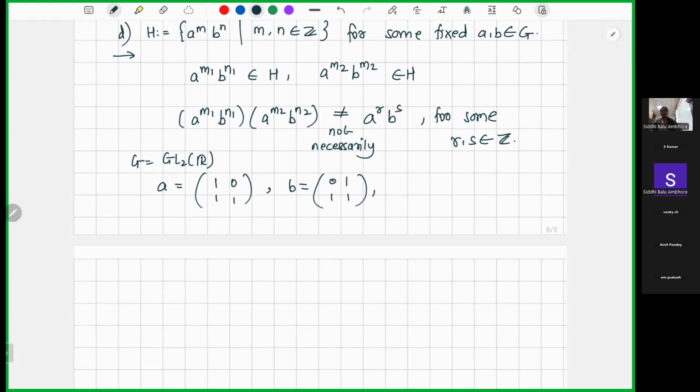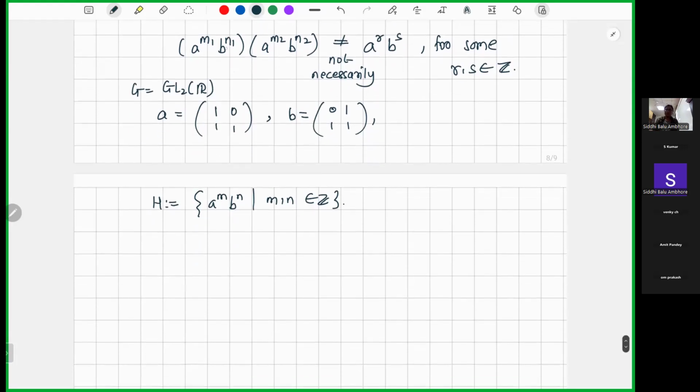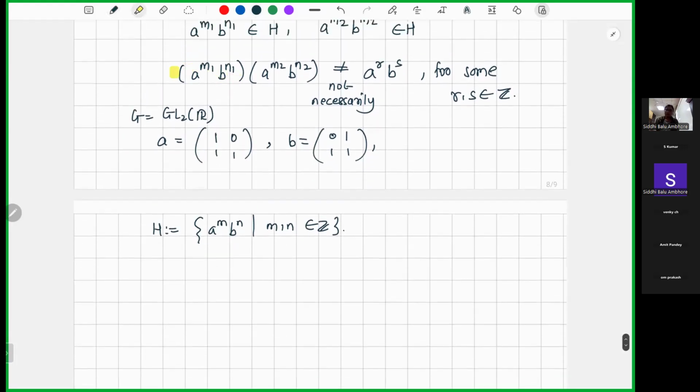See if I take this H to be A power M, B power N, such that M, N in Z, check whether every product of A power M1, B power N1 with A power M2, B power N2 can always be presented like this or not.